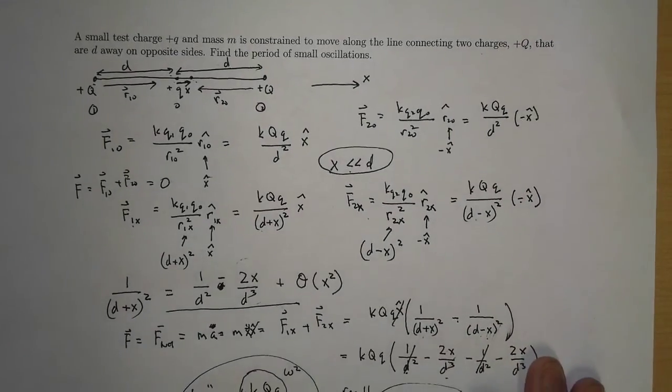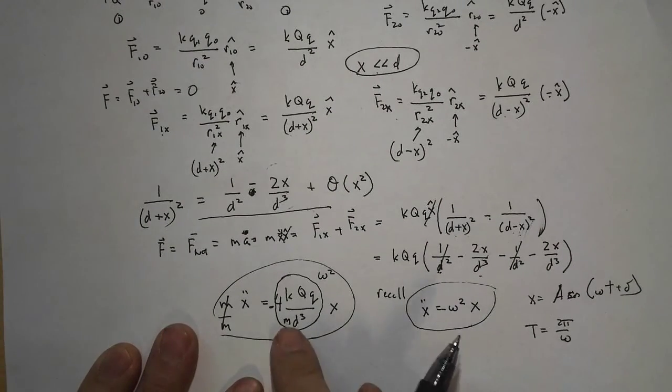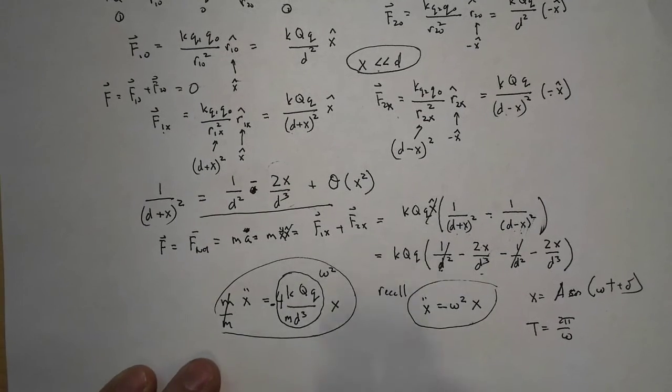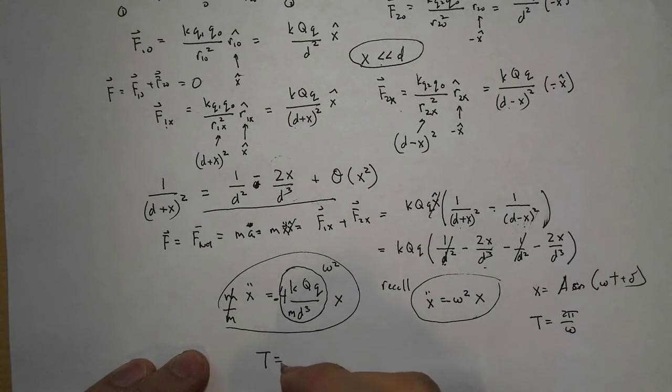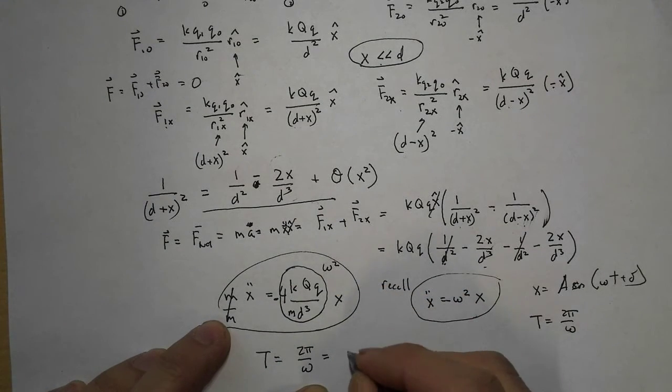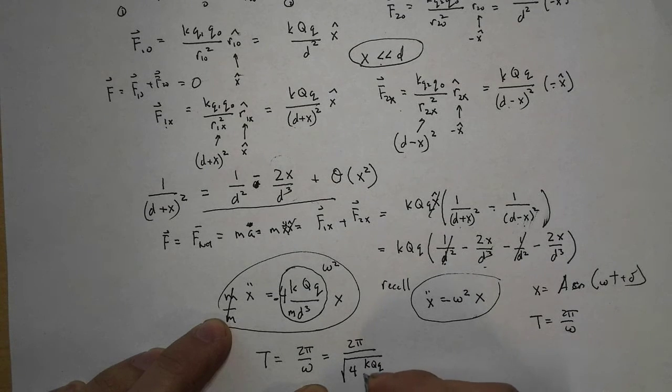So the period of small oscillations in this case is just you replace this omega here with this effective omega. So T is equal to 2 pi over omega, which, remember this is omega squared, is 2 pi over the square root of 4kqQ over m d cubed.